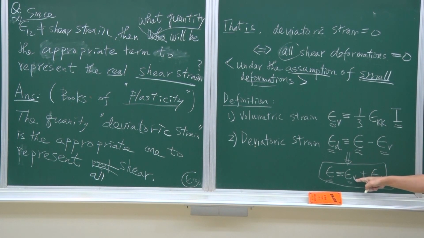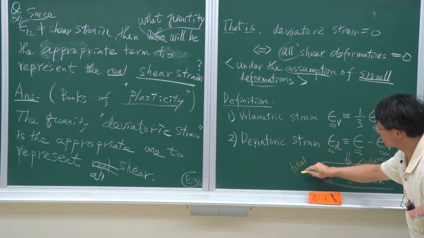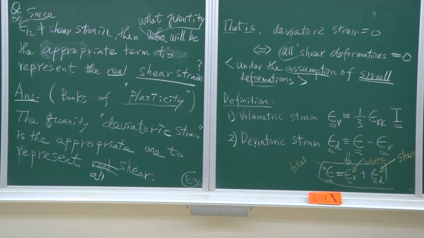One part is the volumetric strain, which represents the volume change. One part is the deviatoric strain, which represents the shear. Volume deformation, shear deformation, and this is the total deformation, so we can decompose it into two parts.